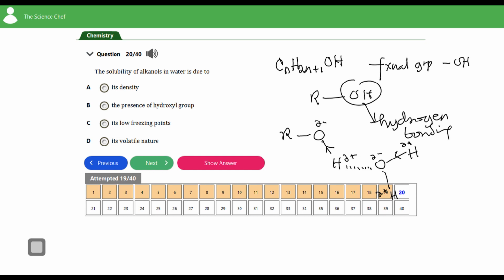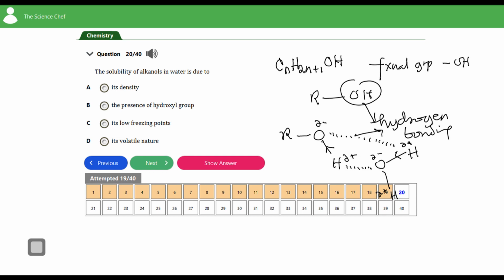While the negative end of the hydroxyl group in the alcohol molecule will also be attracted to the positive end of the water molecule through the same electrostatic bond, the hydrogen bond. This hydrogen bond allows the interaction of the polar ends of the alcohols with water molecules, and because of that, it accounts for the solubility of alcohols in water.